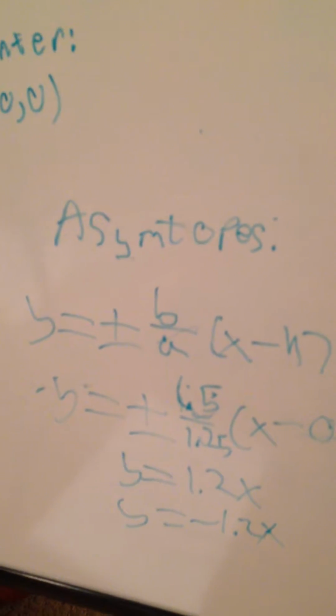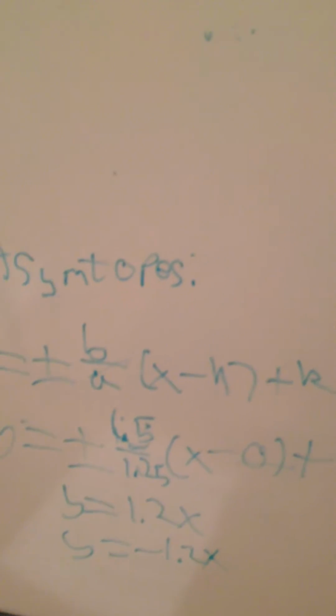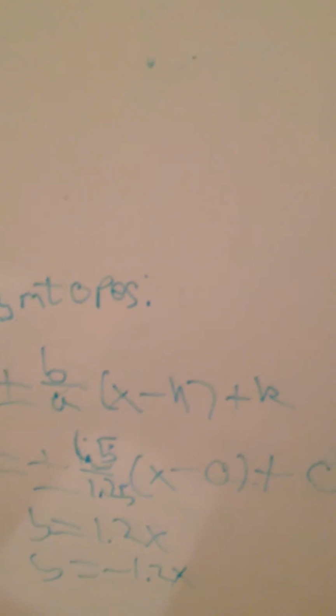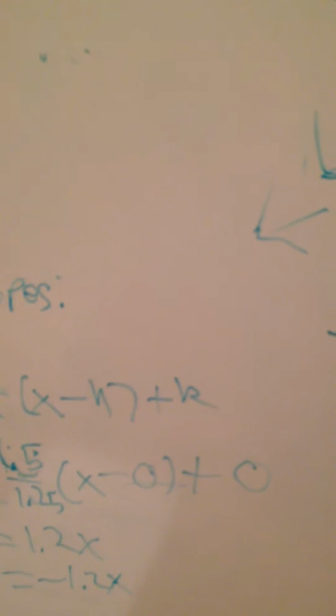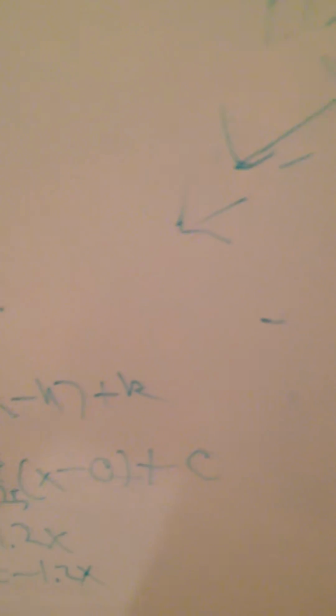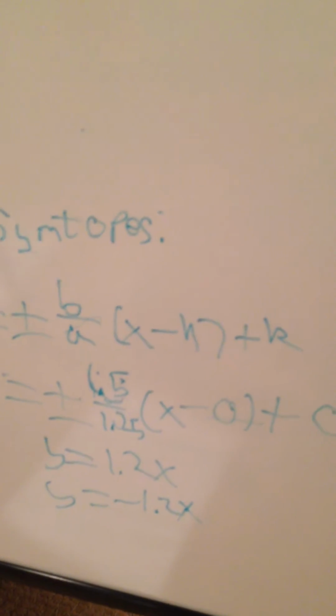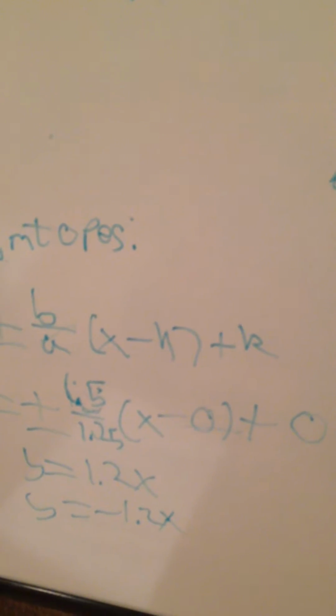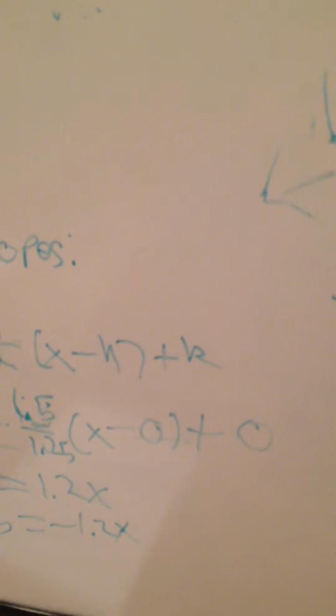So we plug in all our values and we get y is equal to plus or minus 1.5 over 1.25 times (x minus 0) plus 0.